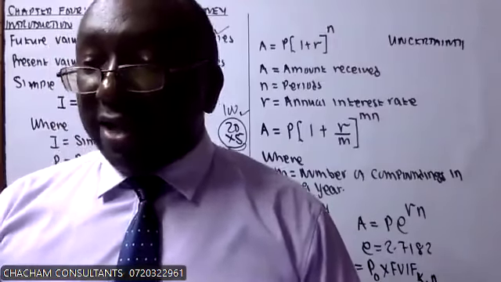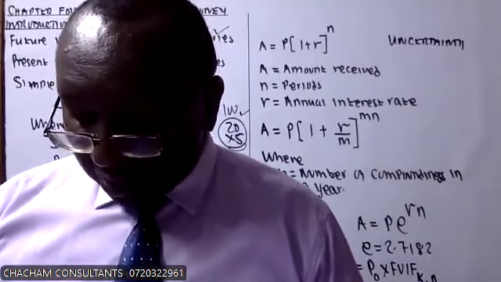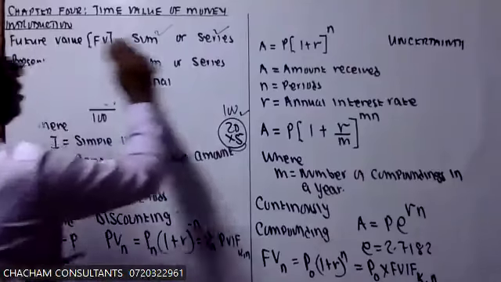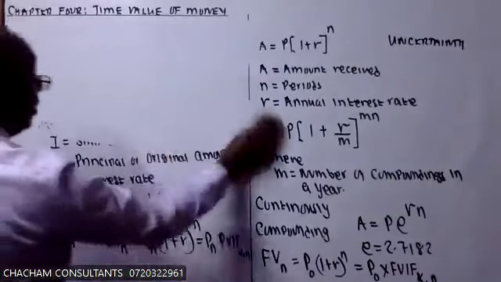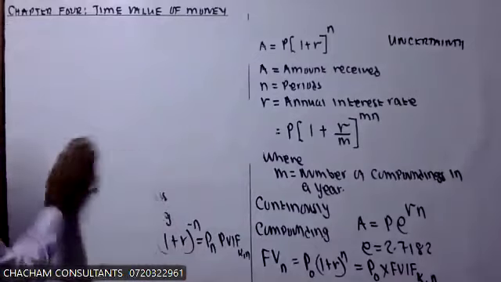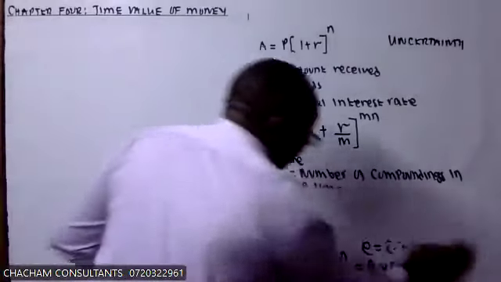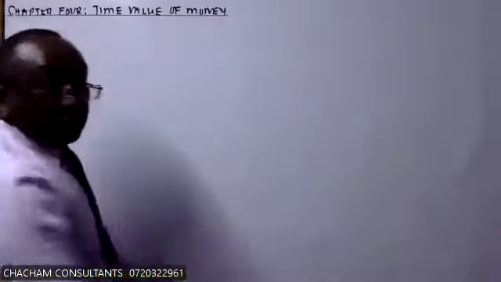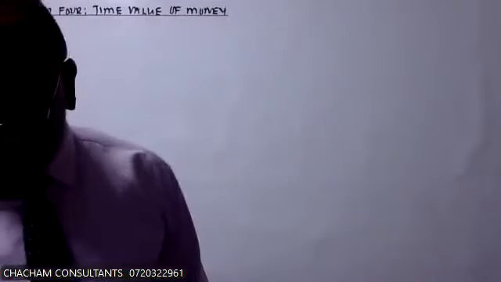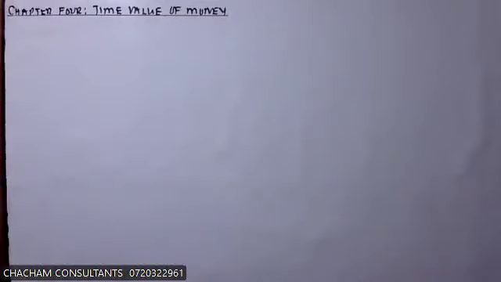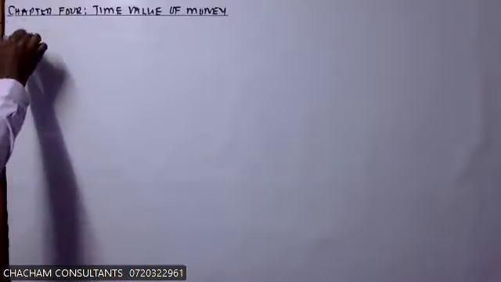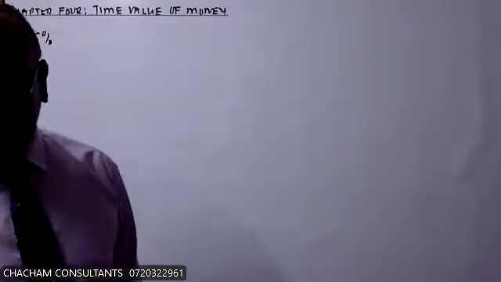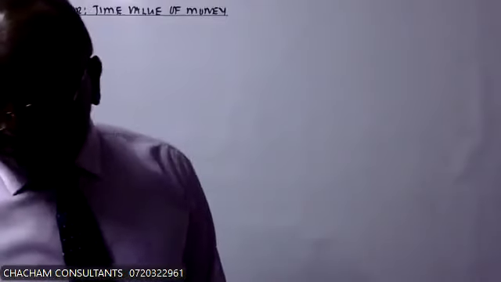Illustration 1. An investor has invested Kenya shillings 650,000 at an annual rate of 15%, compounded annually.